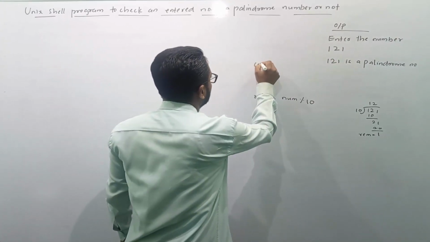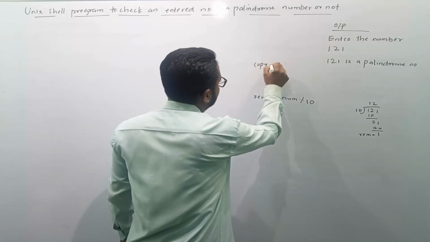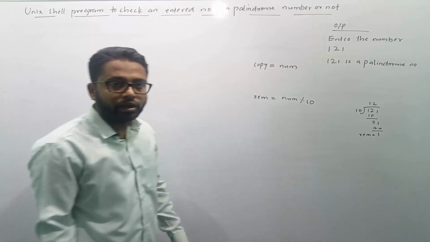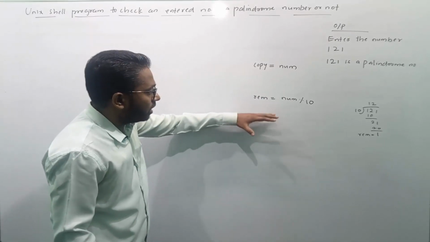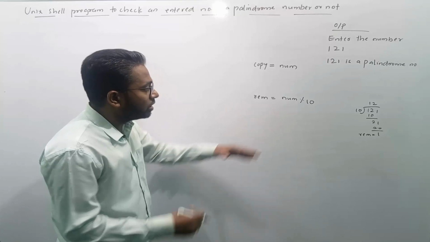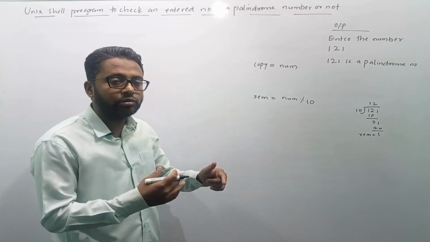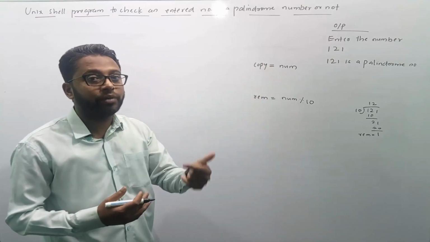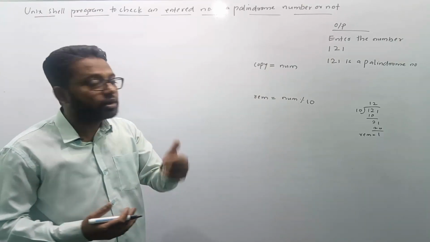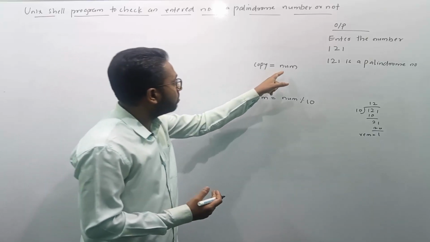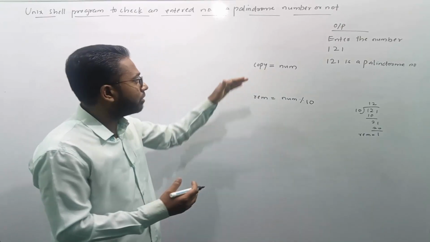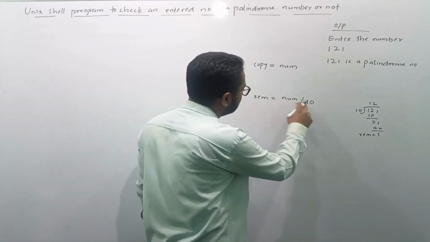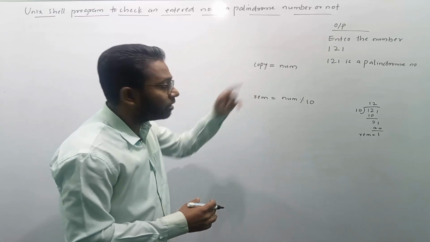Let us say I will use a variable copy, and inside that variable I will store num, because throughout the execution of each and every step to check whether an entered number is a palindrome number, the value stored inside the num variable gets modified. That's why at the very beginning itself, you need to make a copy of your num inside another variable. Here I have given that variable the name copy. So first I have found the remainder of that number.